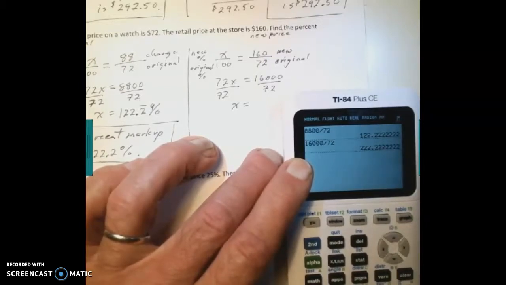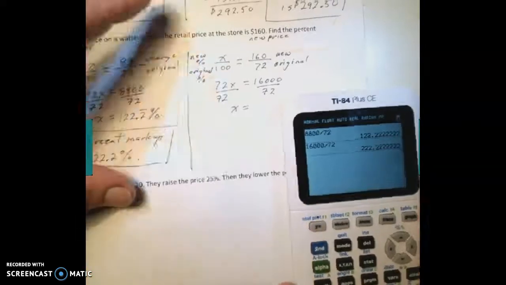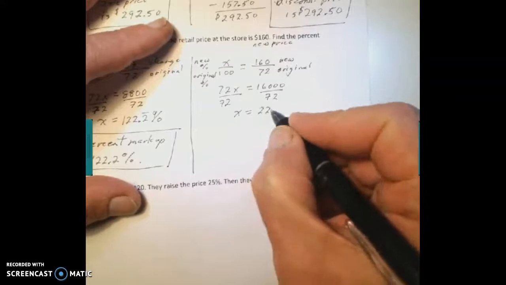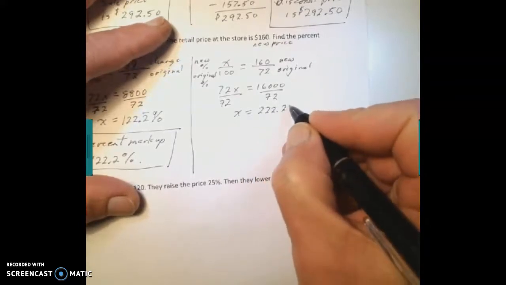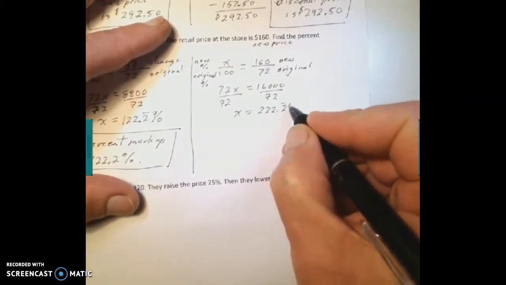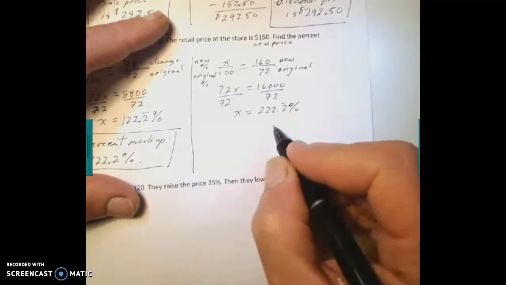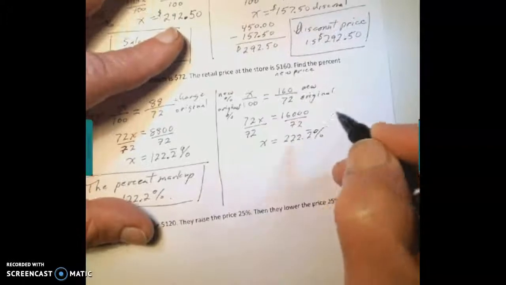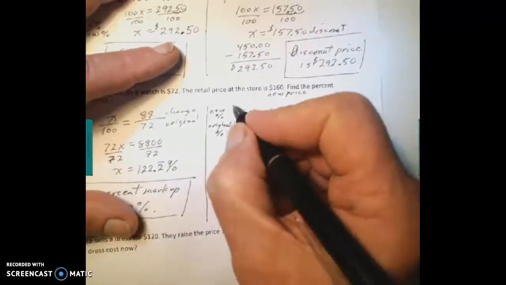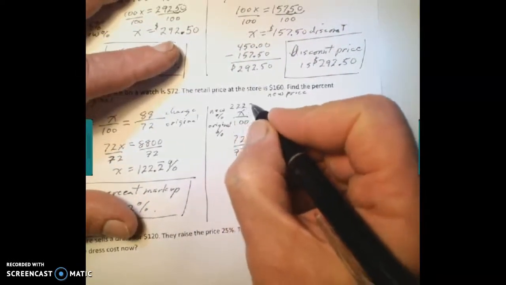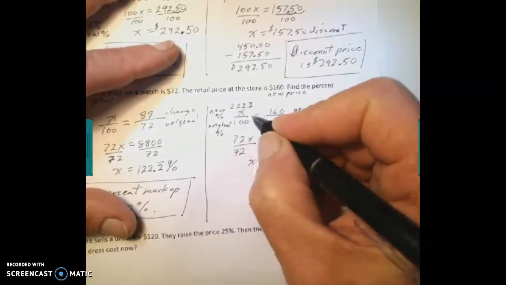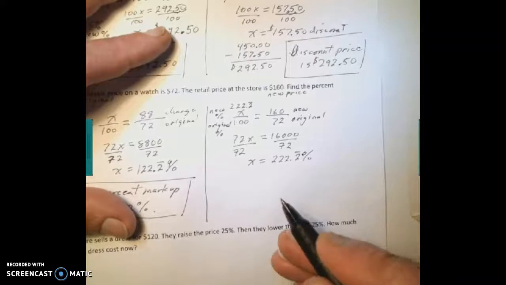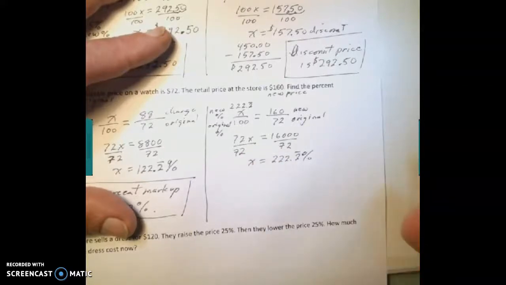Yeah, there I get 222.2222 repeating. And again, that is my percent. But again, that is my new percent. It would be here, 222.2 repeating.